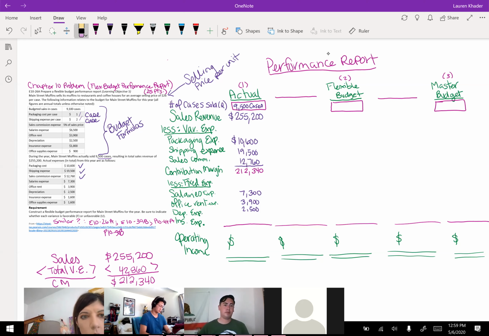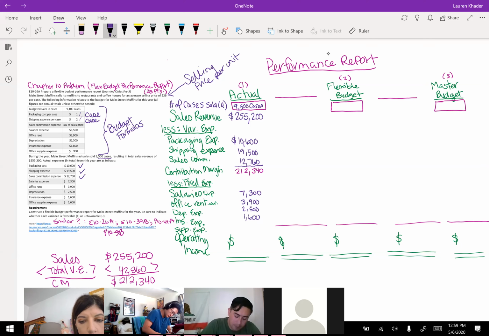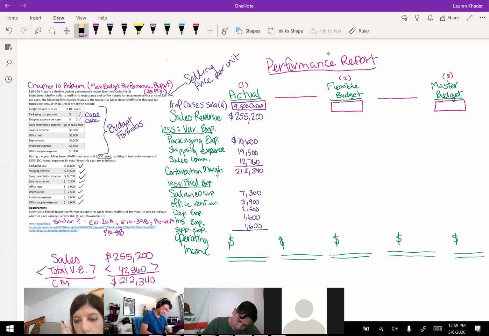And I realized I forgot one word, sorry. I forgot supplies expense, sorry. For insurance expense, 1,600. And then the last one was office supplies of 1,600. I'm checking them off because I'm not going to use them again. Once you use those, you're not using them again for the actual information.